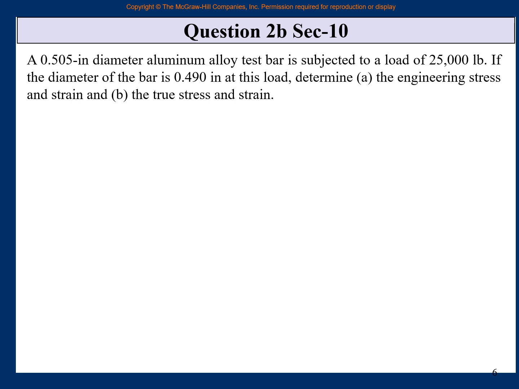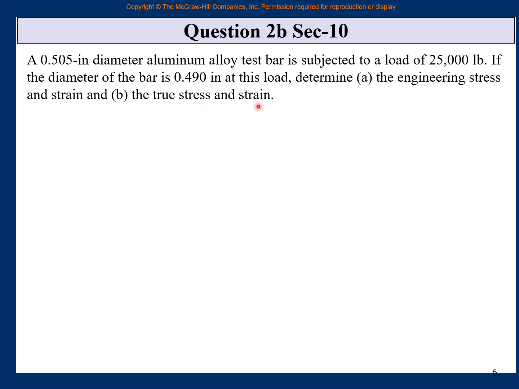True stress is the force upon the current area. The force is given and the current diameter is given, so pi by 4 d squared of this is the current area, and true stress is known.